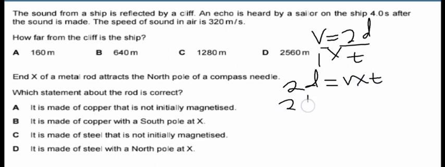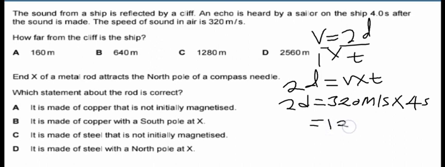So 2D is going to be equal to the speed of sound in the air, which is 320 meters per second, multiplied by the time, which is 4 seconds. Then when I multiply, I'm going to get 1,280 meters.